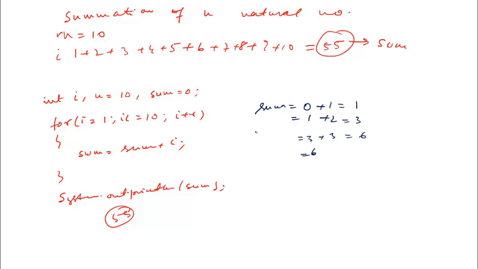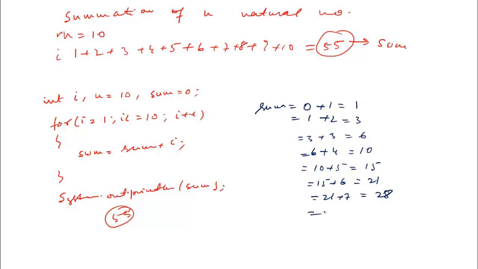You see this i increment here, so 3 incremented becomes 4, then 6 plus 4 is 10. Now sum is 10 and i becomes 5, then it will be 15. Then i becomes 6, it will be 21, then i becomes 7, then 28.